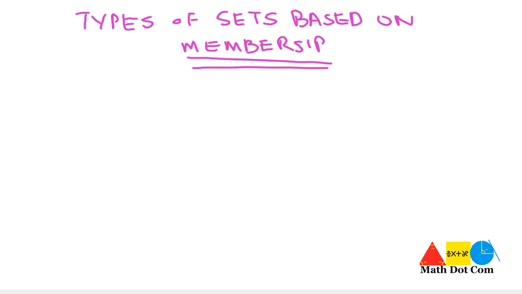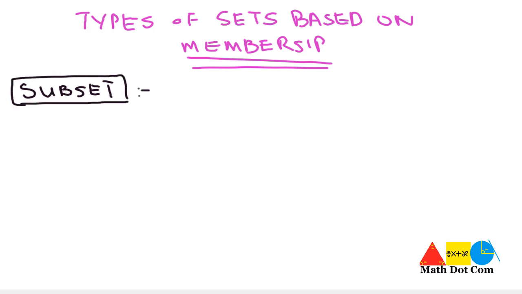We will start from the subset. A very important concept that you must know, as you have to use it at various points in your upper grades, in 8th, 9th, 10th grade, and so on. Okay, we will start from the definition.